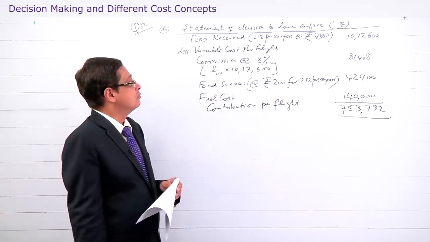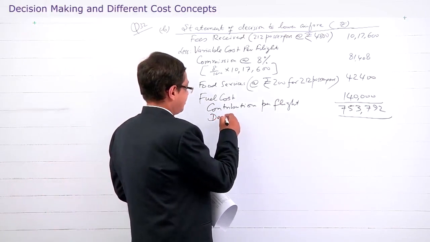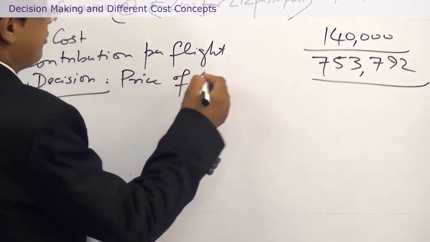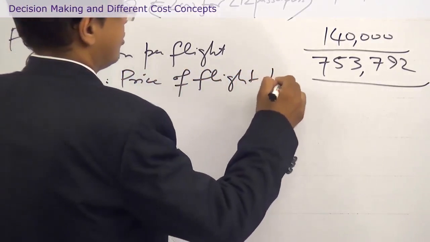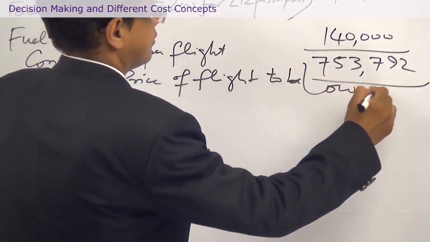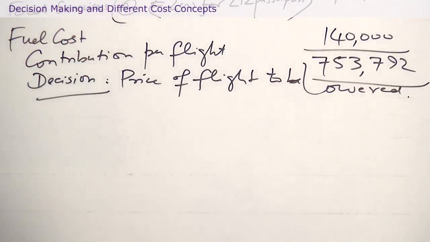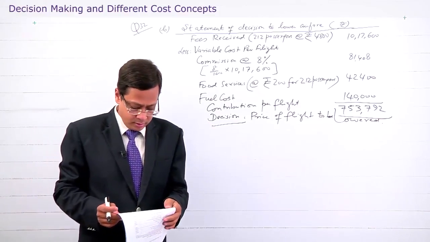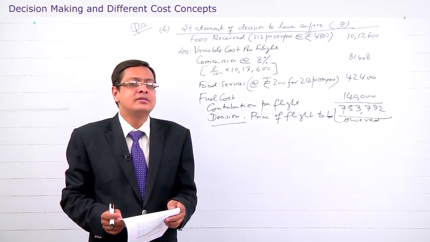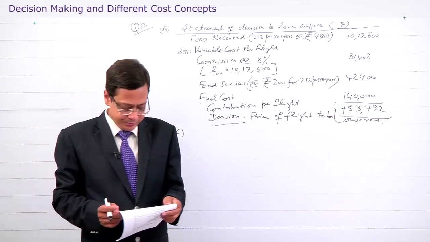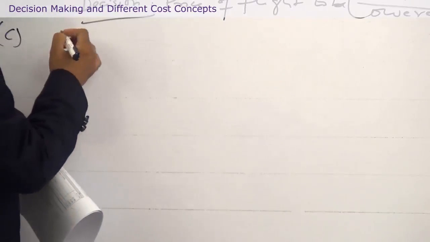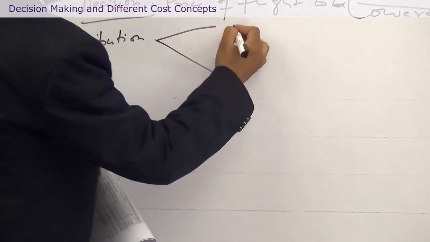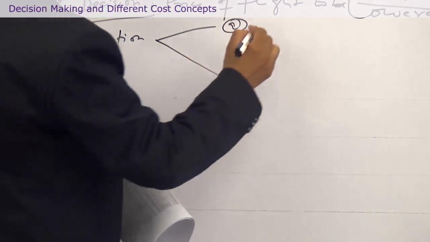So friend, what is the decision? Price of flight to be lowered. So you can lower the price. The third part of the solution talks whether to take the facility by Z Tour and Travel. So what is the contribution in option A and in option B? Please compare it.